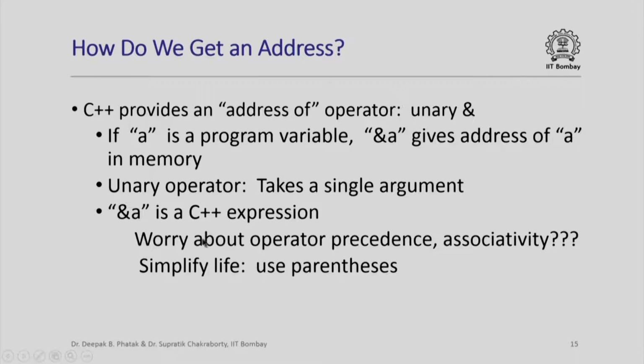But for our purposes, we will just simplify life and use parentheses to very explicitly indicate what is the precedence of the ampersand operator and what do we want it to associate with. So, if I want to get the address of the variable A, I will write ampersand A and put parentheses around ampersand A to explicitly say that I am interested in the address of the variable A.